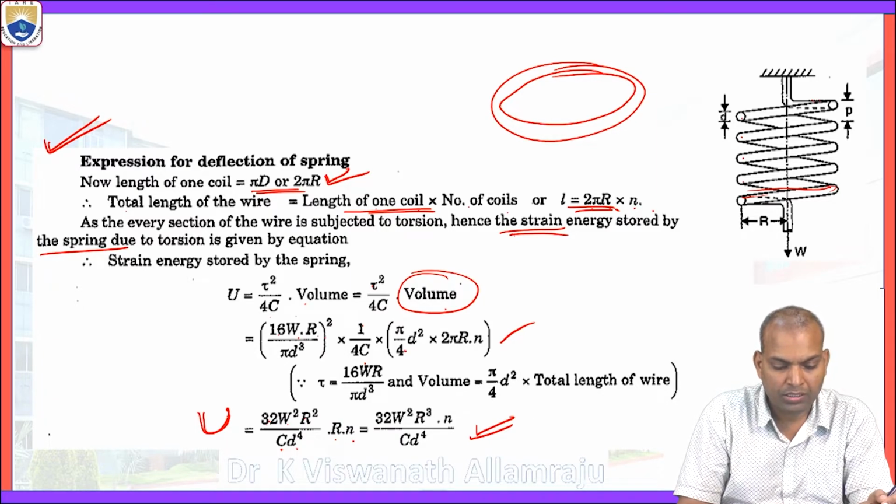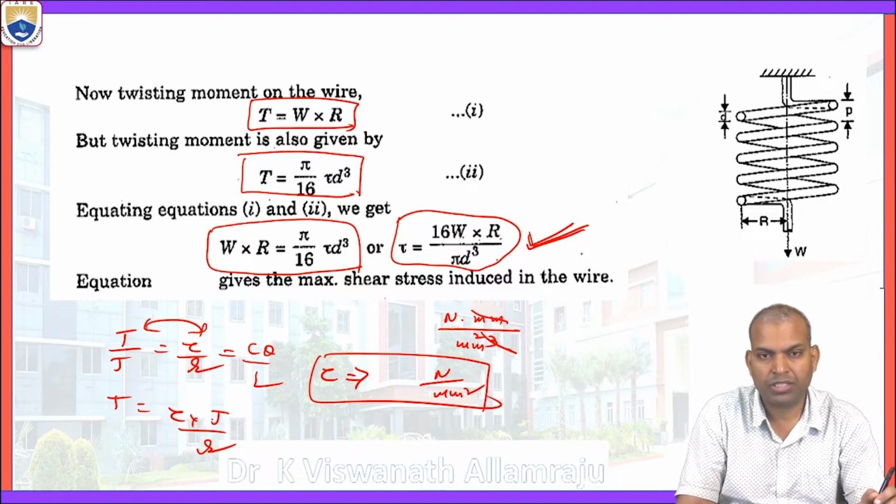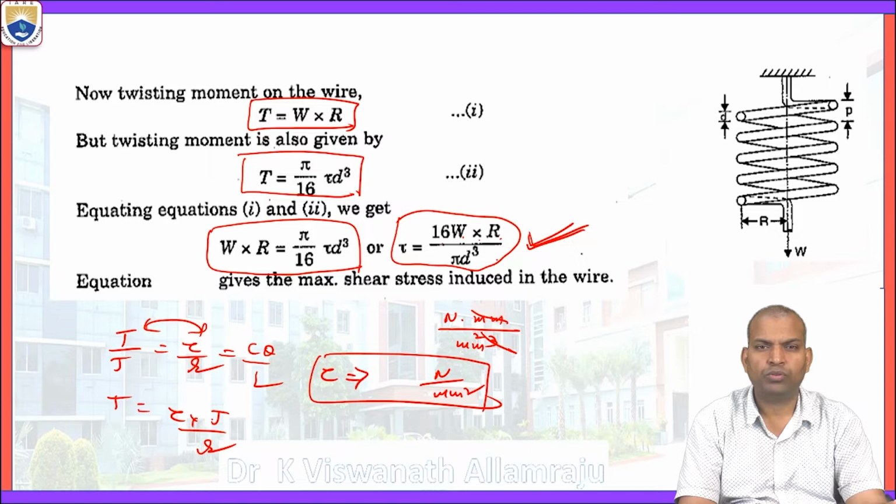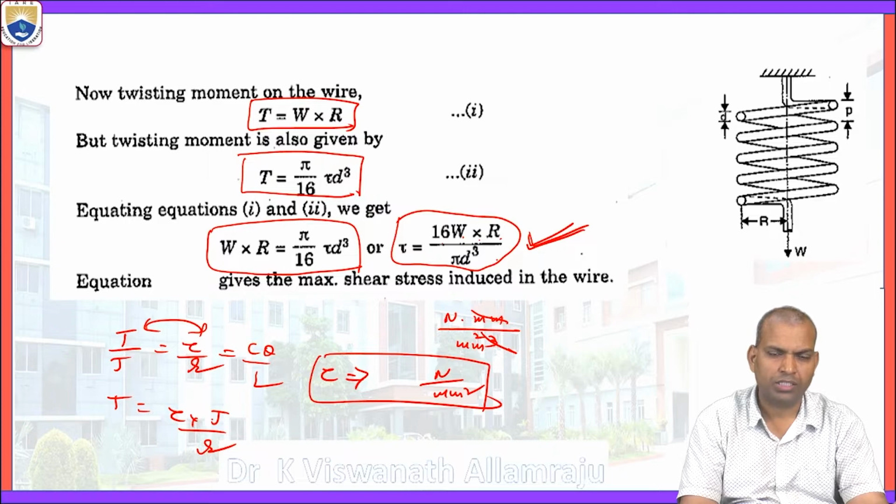So in this derivation, we derived the expression for shear stress, the expression for deflection, and also the expression for stiffness. If we calculate the shear stress, we can calculate the deflection expression, and if we calculate the deflection expression, the stiffness expression comes very easily. That is load per deflection.